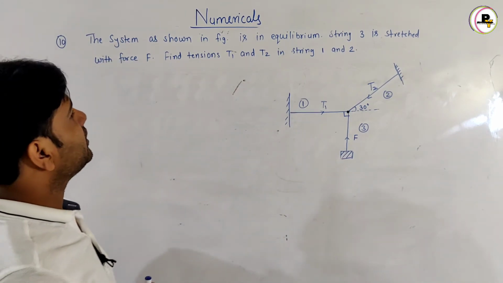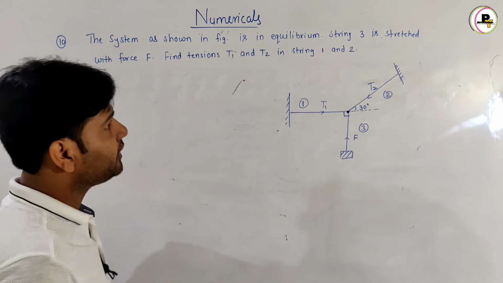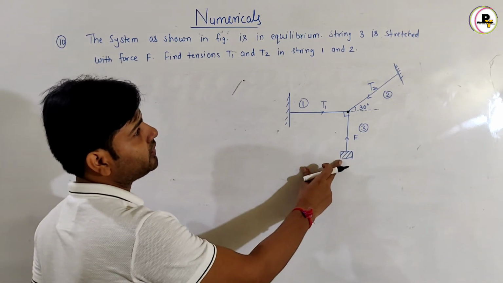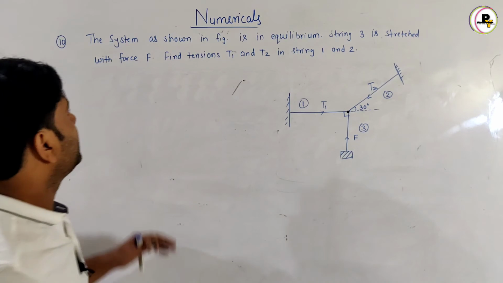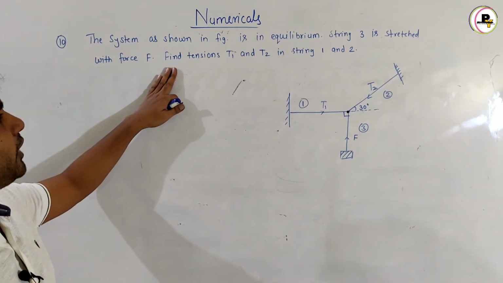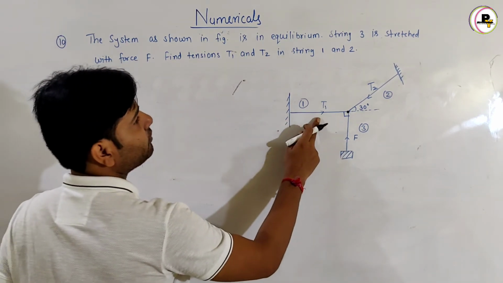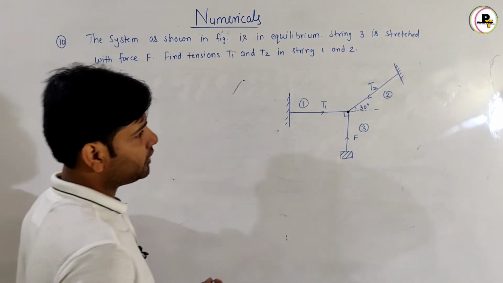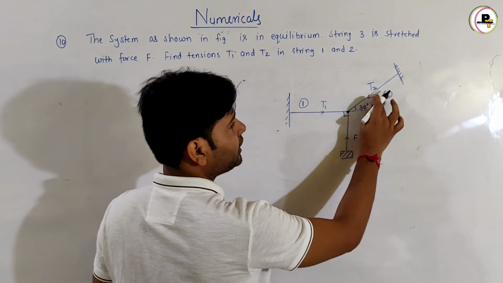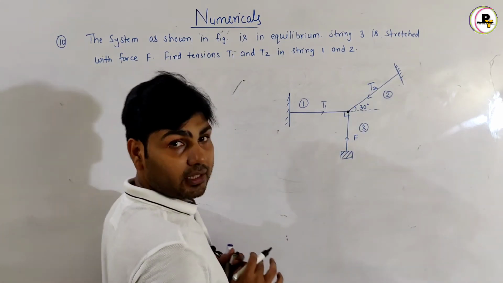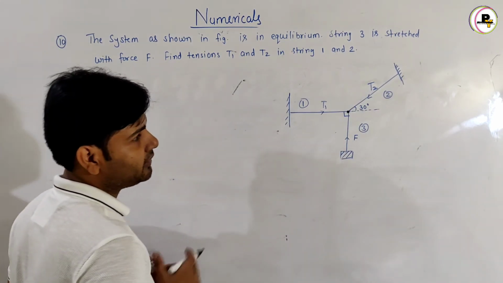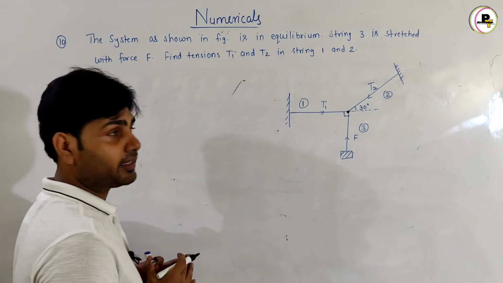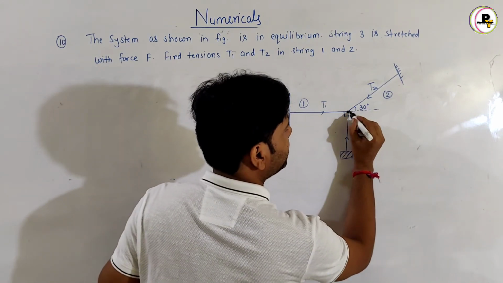So what is given? The system as shown in the figure is in equilibrium. String 3 is stretched with a force F, and we have to find the tensions T1 and T2 in the strings 1 and 2 respectively. So friends, this tension T2 is neither along x-axis nor along y-axis, so it can be resolved into its rectangular components along x-axis and y-axis.